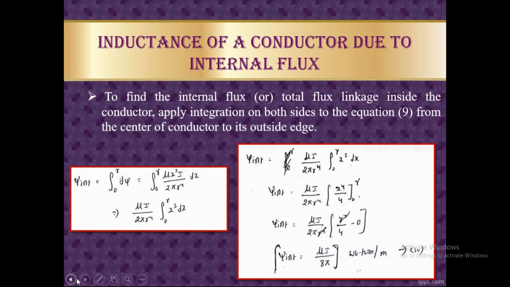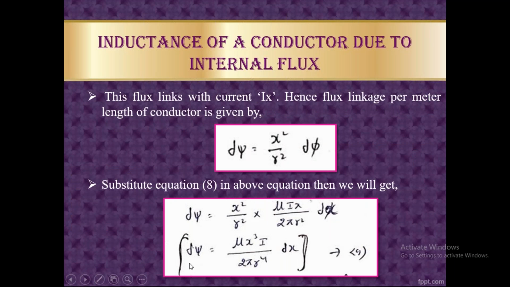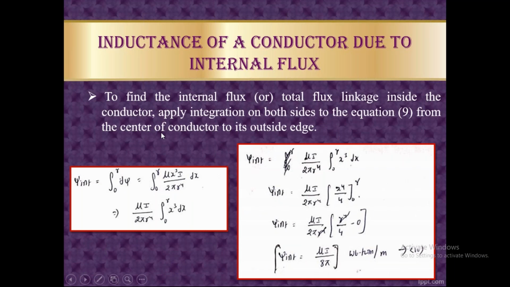So this is the change in flux linkage with respect to the current. Now what we have to do: when the flux is generated at the center of the conductor, the flux should traverse from the center to the outer surface, right? So that we have to find.